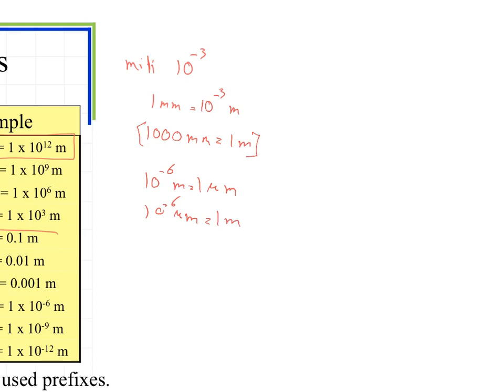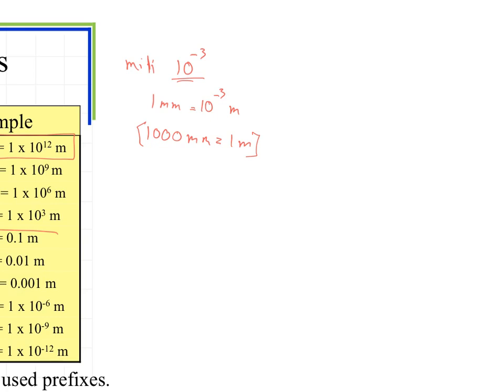You're going to mix up. So we're going to have a standard way to do this. Whenever you want to use the prefixes, each prefix has a meaning, right? So milli means 10 to negative 3.